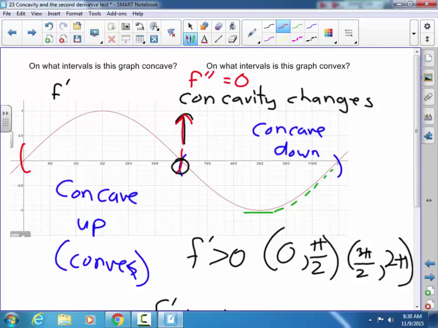So let's go back and let's think about that, okay? PVA, this is position function that we've got graphed up here. Talk to me about the velocity from 0 to pi over 2. The velocity is increasing.